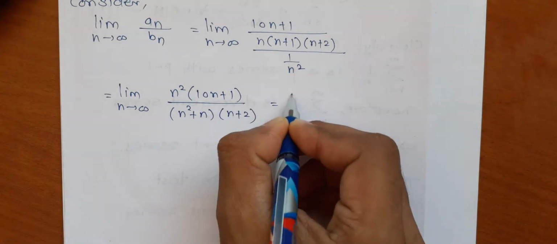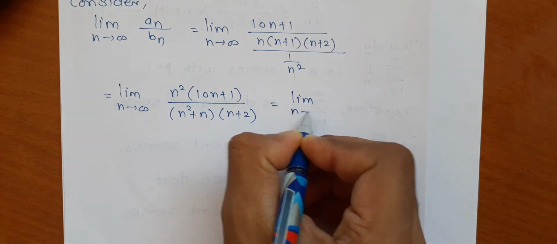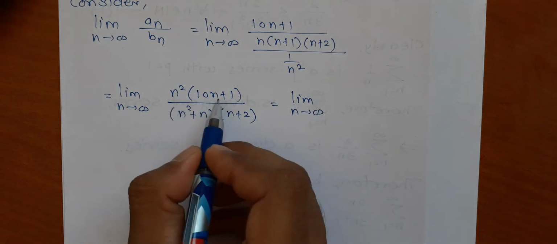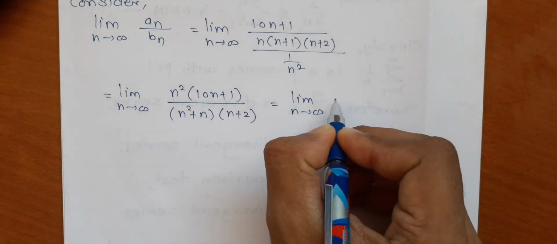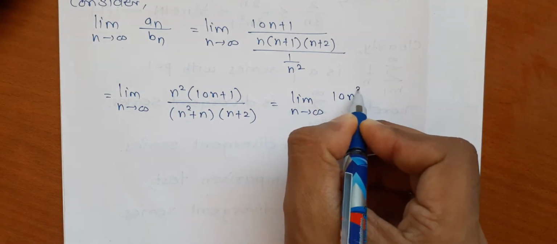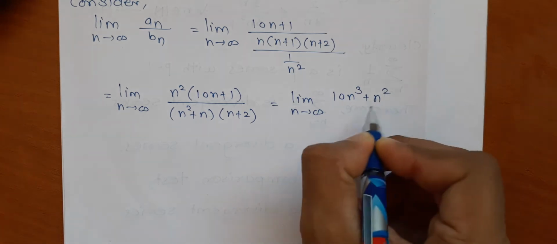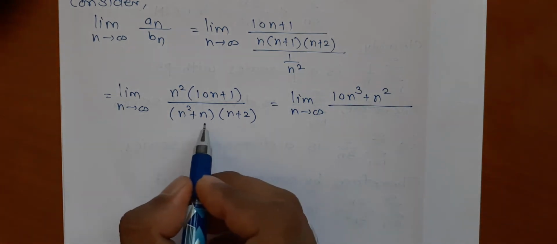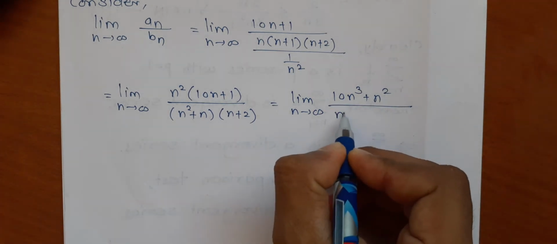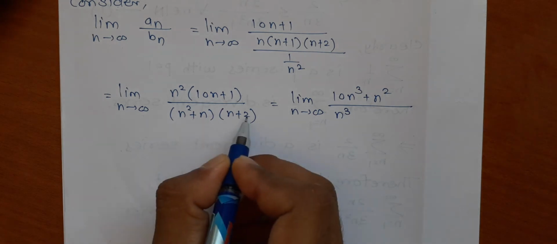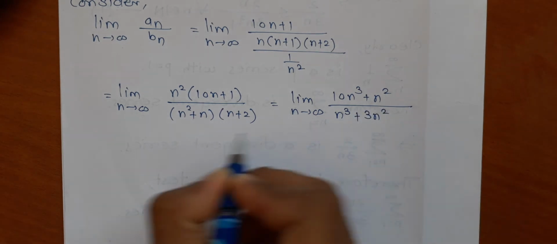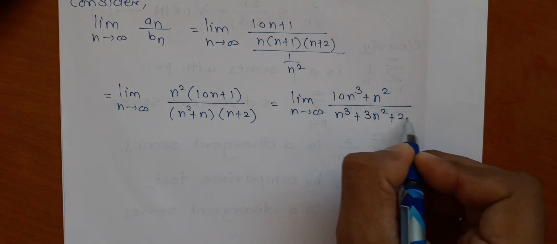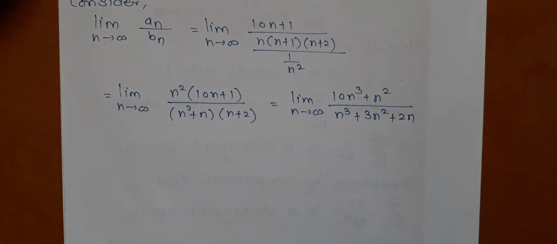If I multiply each term of this bracket by n square, you will have 10n cube plus n square divided by n cube plus 3n square plus 2n.